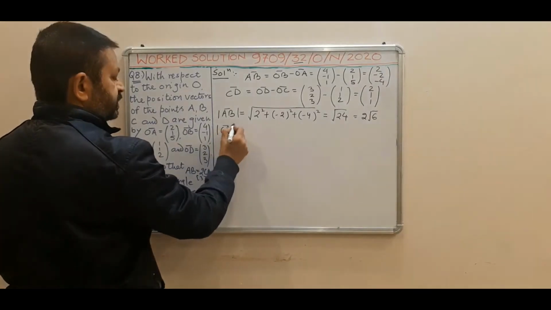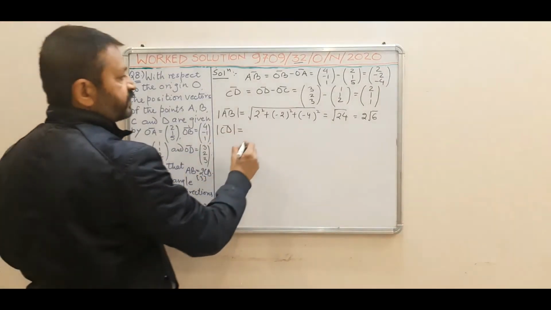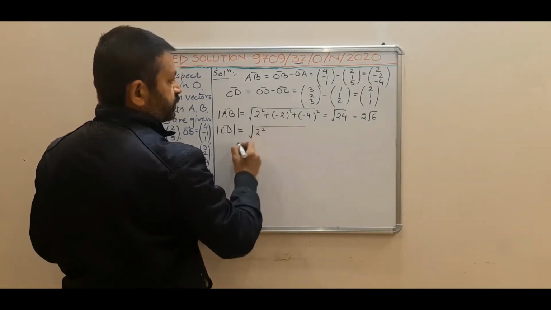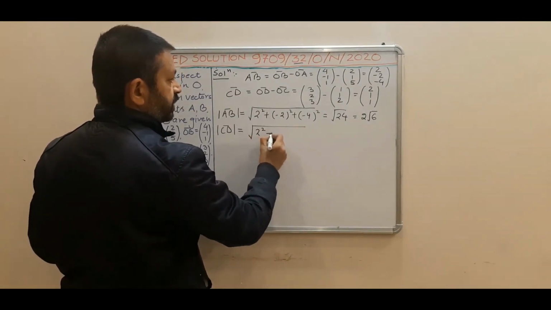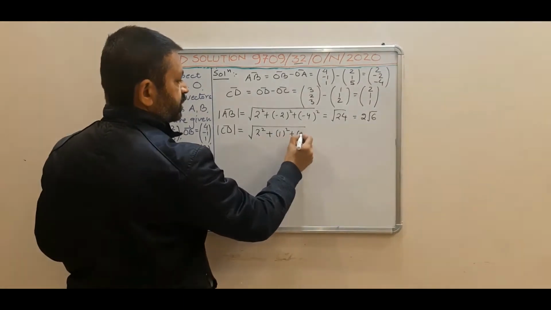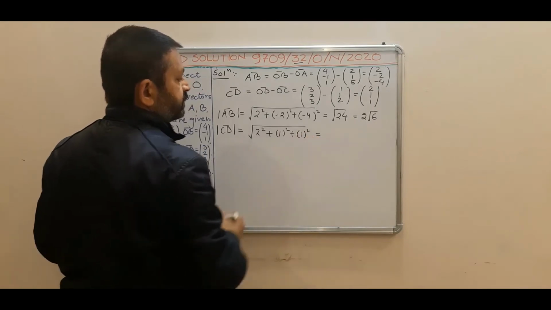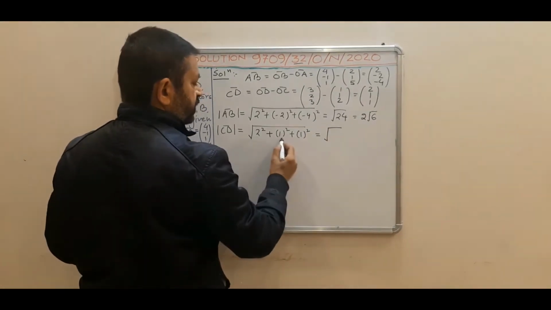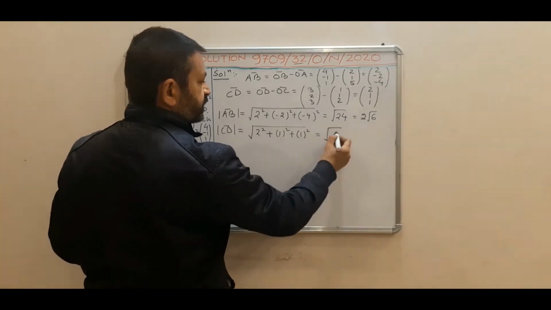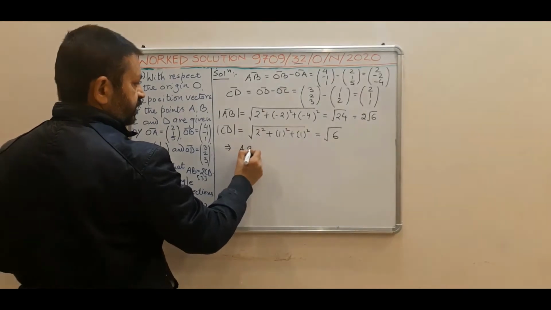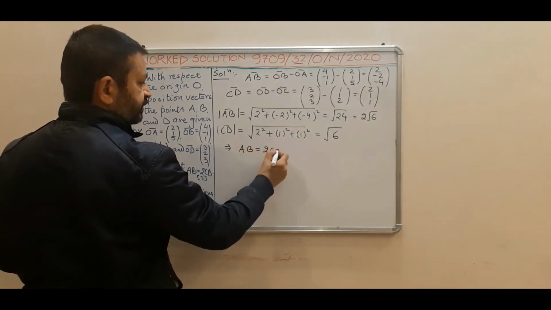And CD's modulus will be the square root of 2 squared plus 1 squared plus 1 squared. 4 plus 1 is 5, plus 1 is 6. So it is clear from here that AB is twice of CD.